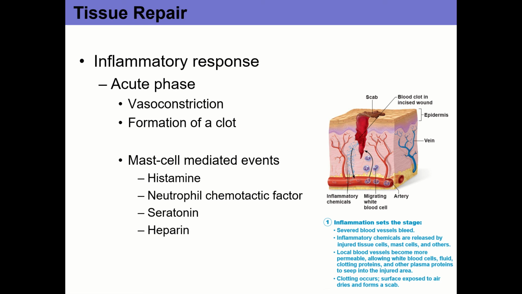Then, because there will be some damage to some of these capillaries, in blood you've got platelets. When there's damage to the blood vessels, or when platelets receive signals from the mast cells, which we'll talk about more in a minute, or they see exposed collagen, which will be deep to the blood vessels, the platelets will start to stick to that.